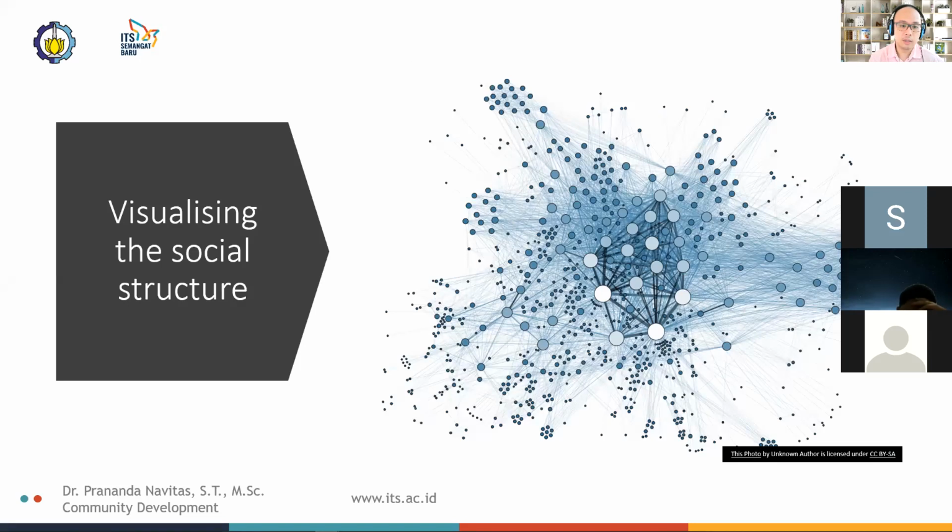Social networks are naturally modeled as networks or as graphs, which we sometimes refer to as social graphs. Now, the entities or the individuals are represented as nodes, the little dots, circles, and the lines that connect the two nodes are called edges.